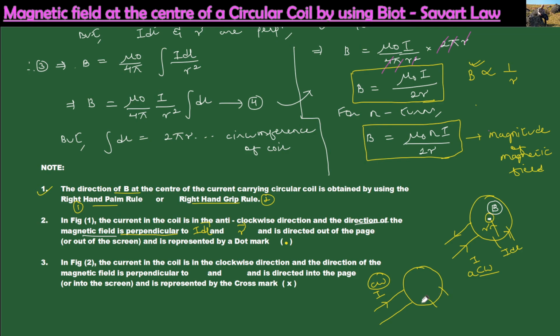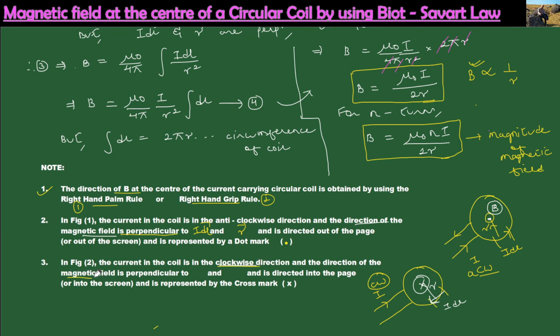Consider this as the current element. The direction of IDL will be in this direction, and this is the direction of R. When you find the magnetic field at the center of the coil, your palm would be facing down, so we indicate it by the cross mark.